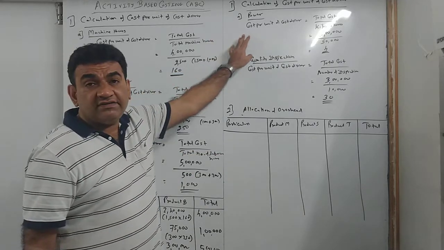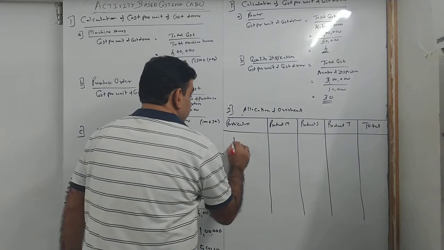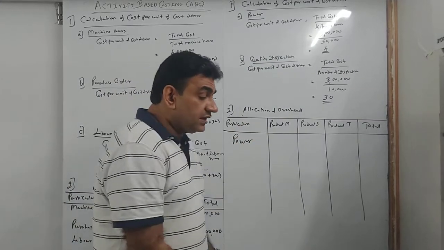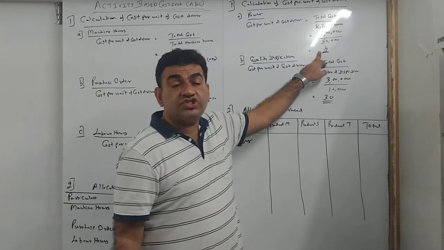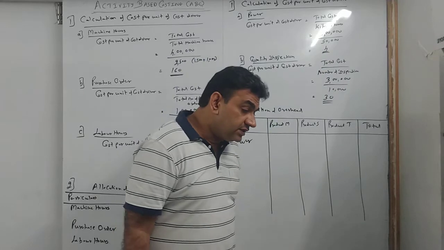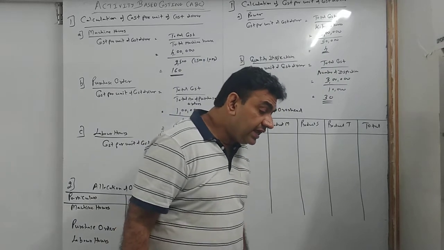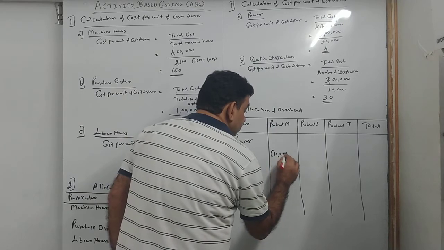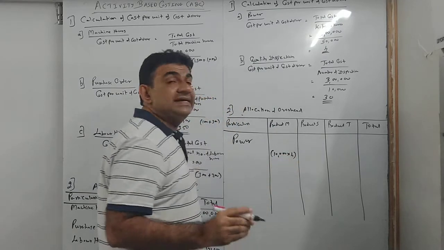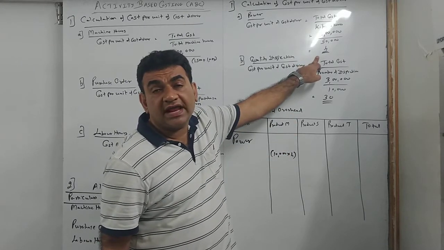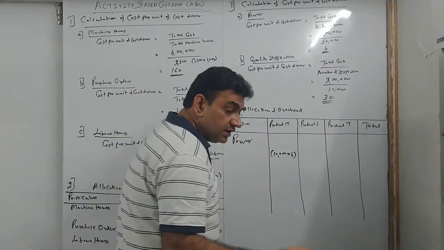What is our first activity? Power. So take power. Now see, what is my cost per unit driver? 4 rupees. Now see, kilowatt hours. कितना है M का? M is 10,000. So 10,000 into 4. Respective kilowatt hours multiplied by the cost per driver, that is 4 rupees.